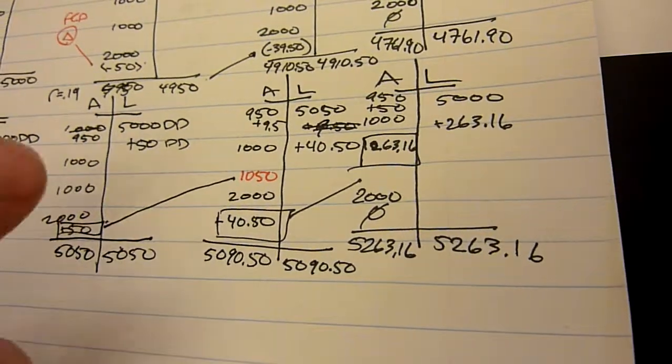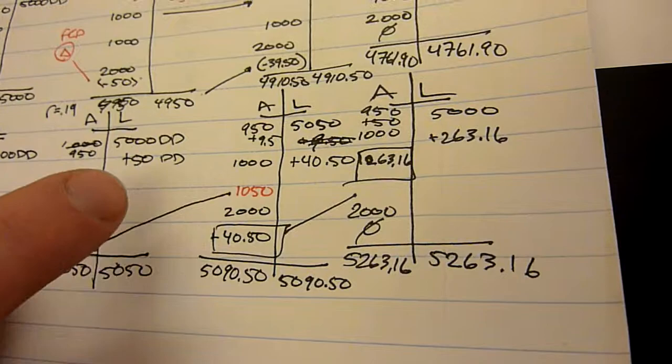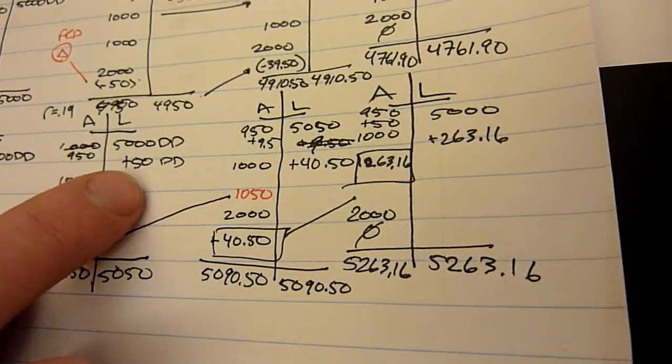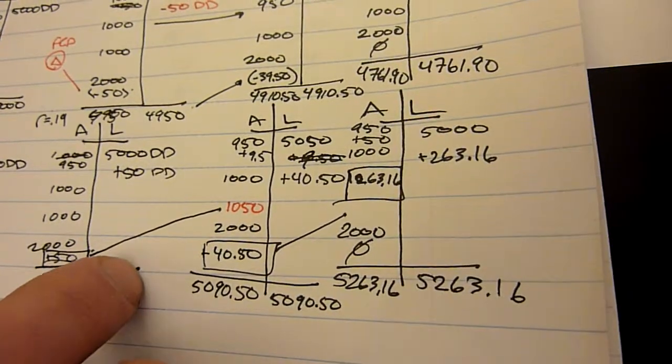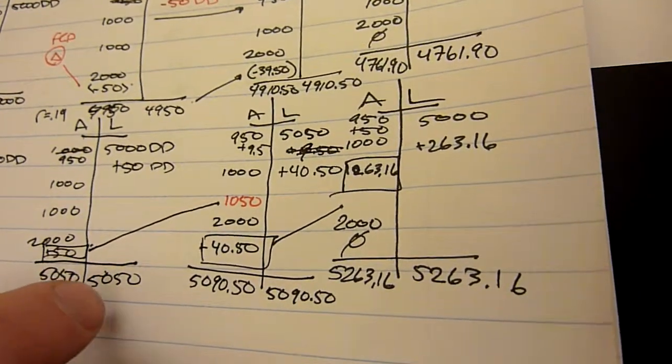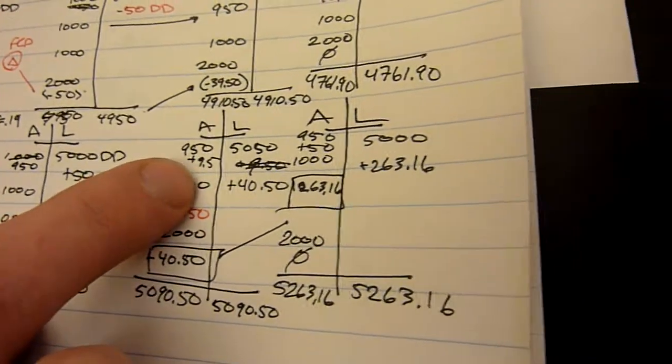Corporations go out and buy factories, tools, and machinery, and that becomes somebody else's checks, which gets deposited into the banking system. So then you take 0.19 again of this $5,050, and you see that it equals $950.